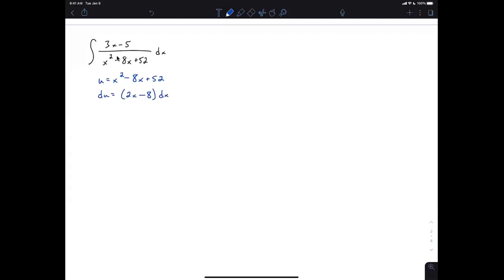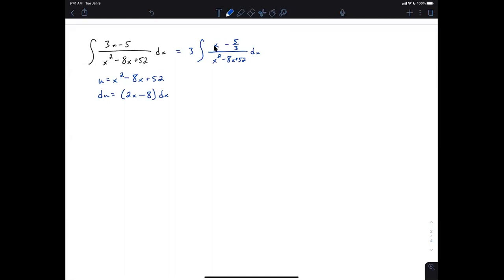One thing we need to do is change the 3 to a 2. So I'm going to factor the 3 out and make it x minus 5/3. It's important that the 3 has to come out of the 5 as well as the 3x. And now we need 2x instead of x.